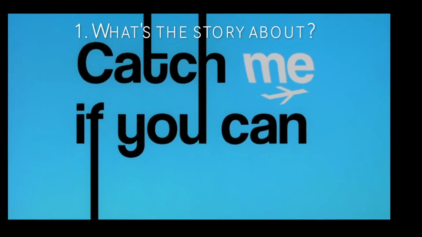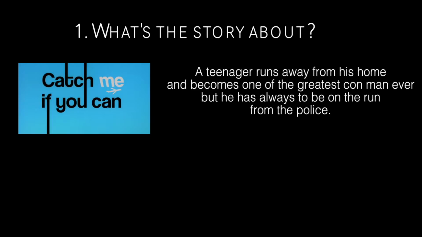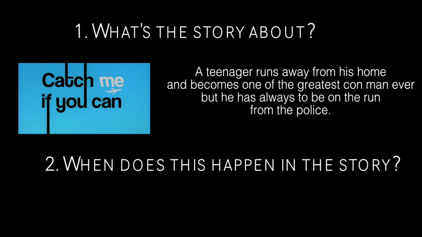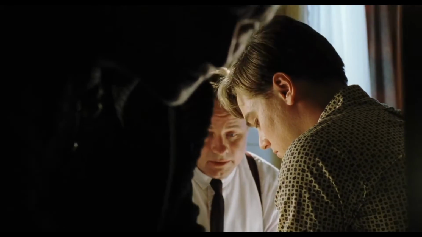Let's see another example. What's the story of Catch Me If You Can? It's already in the title. It's about a kid, Frank, who's running away. He's running away from his family and he becomes one of the greatest con men ever, but he has always to be on the run. When does this happen in the story? He's a con man, he's a fraud, and he's always on the run.